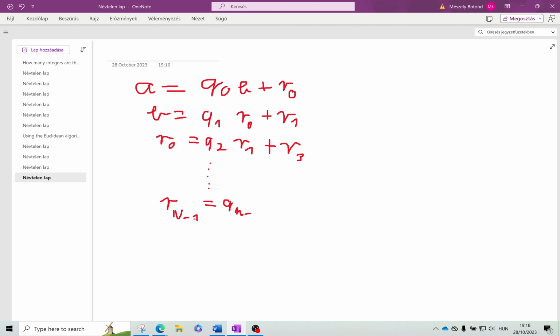Give me a second. No, sorry. So you continue this until you get somewhere where the R will be 0, and then you check the one before that.